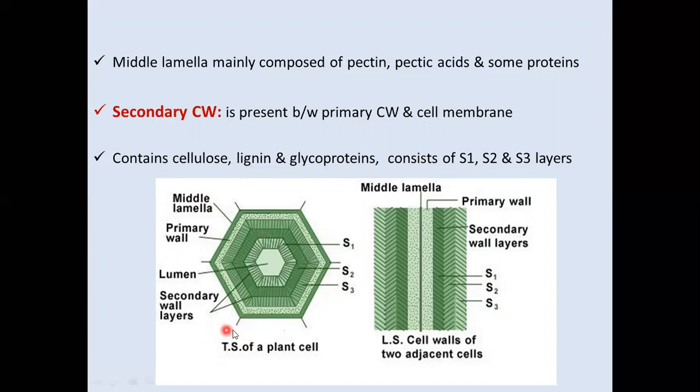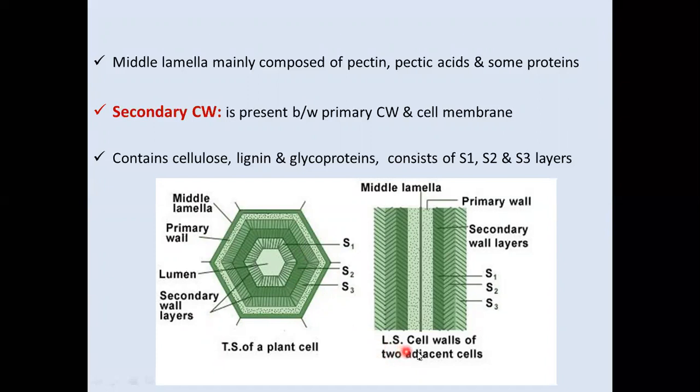You can see here in this structure, this is the transverse section of a plant cell. These three are the secondary wall: this is S1, this is S2, S3. These three represent the secondary wall. This one is the primary wall, and this one is the middle lamella.